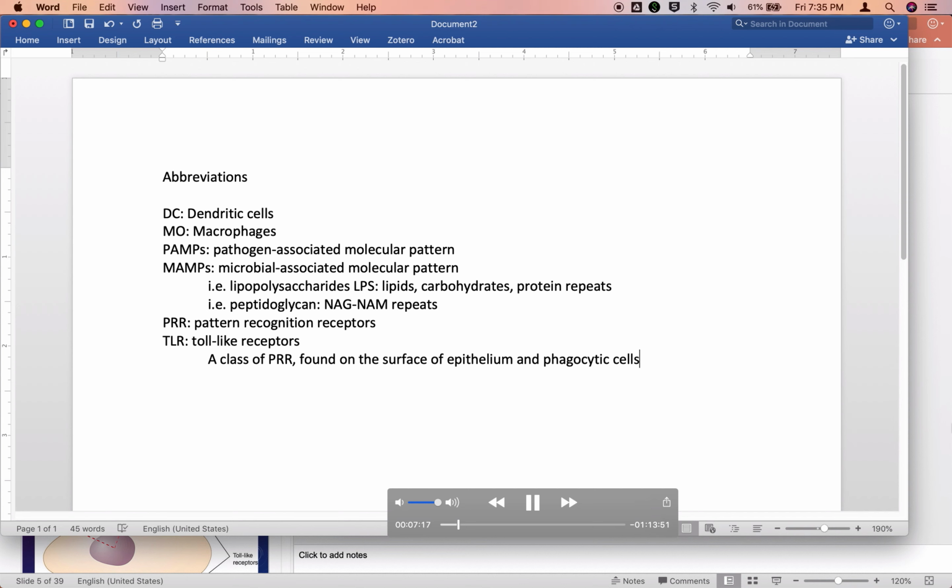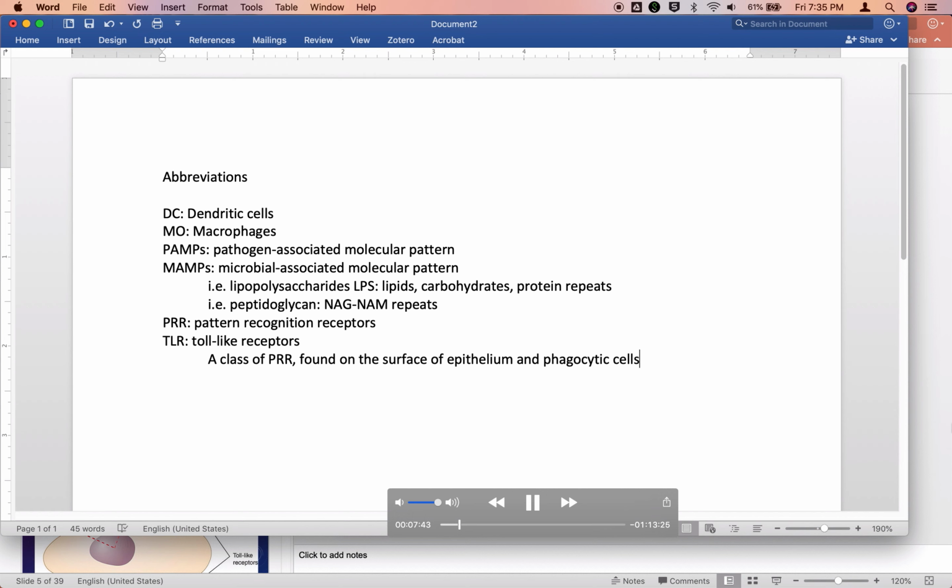But if there is a breach in that physical barrier and the bacteria or viruses penetrate all the way to the surface of the epithelium, our surface epithelial cells have these receptors that are adapted to respond very robustly to the engagement of their cognate, or their specific pattern that they recognize.